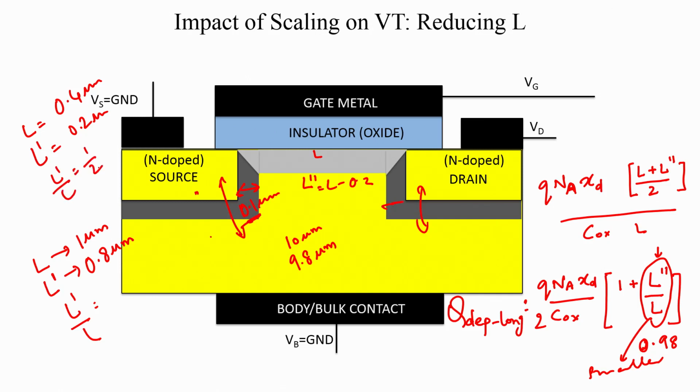So, much more significant. You can see that as L decreases, the impact of this term begins to show up to a greater extent, and therefore, the threshold voltage starts becoming smaller and smaller as my L decreases.